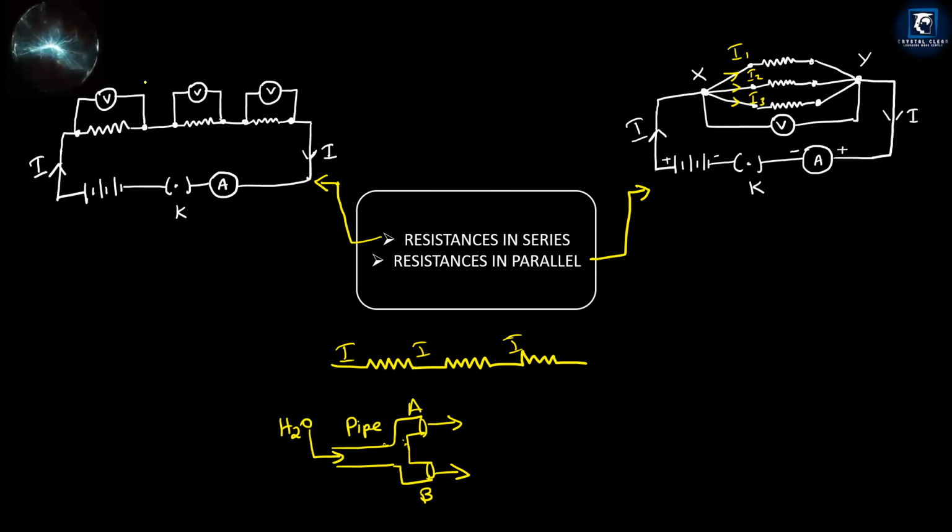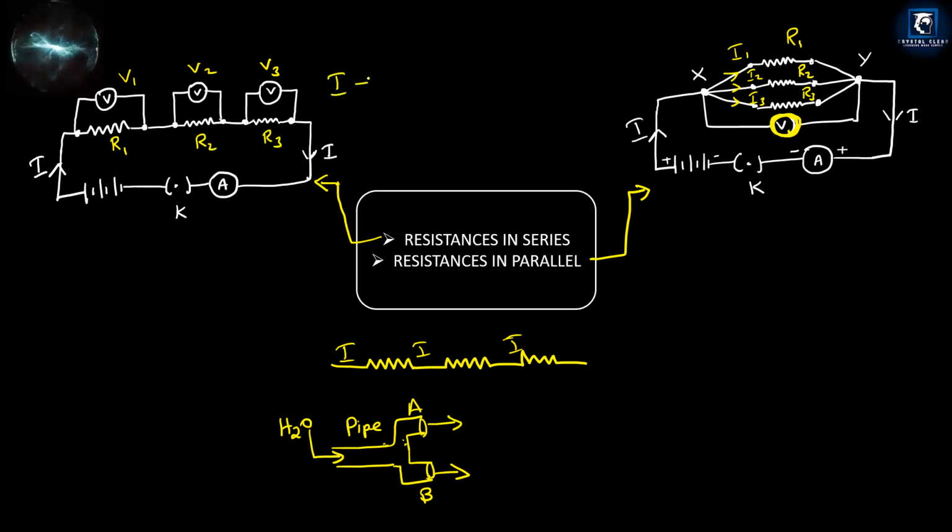And next, if you see the voltage, the voltage is different in these three resistors, V1, V2, V3. Here, the voltage is same. Can you see this? The voltage is same for all the three resistors, which we can name as R1, R2, R3. Whereas in series, each resistor will have different voltage, but the current is same.